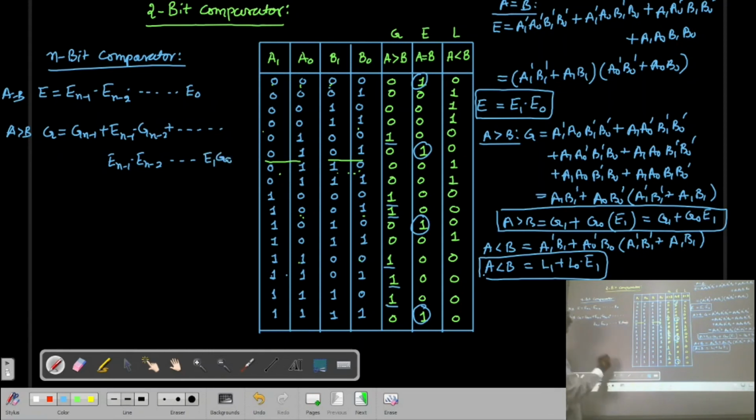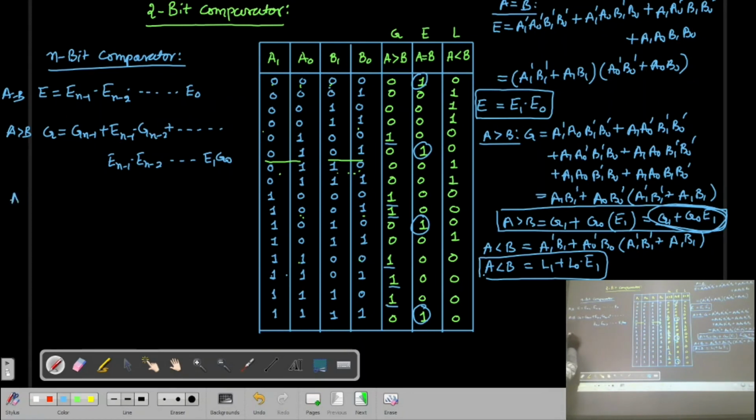You can find this expression from the 2-bit case. Here we have a 2-bit comparator, so n is equal to 2, so this will be G1, then E1, and then G0. In this way you can write the expression.